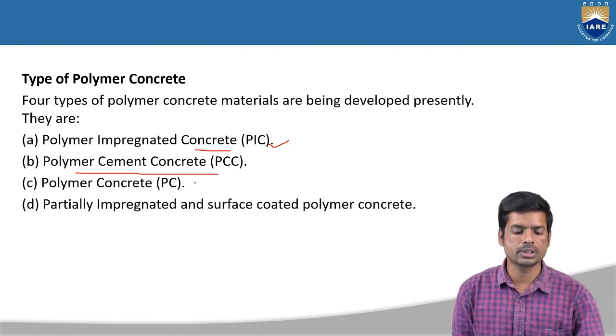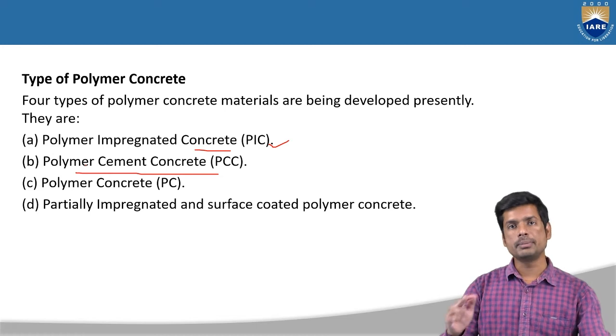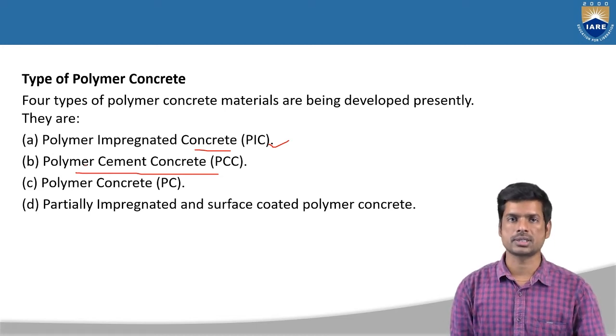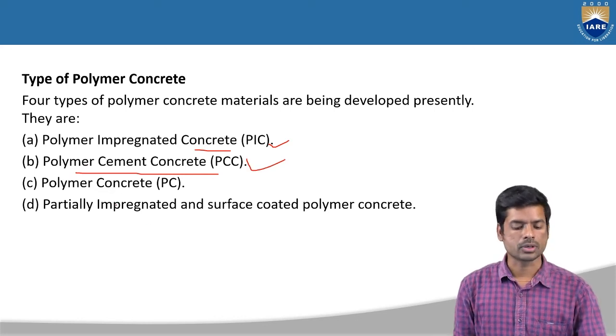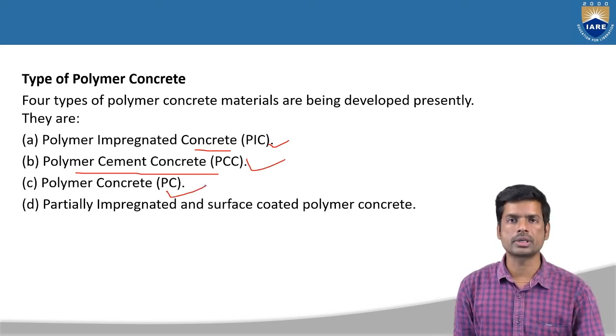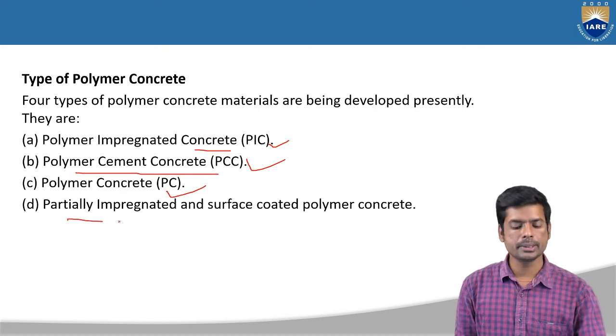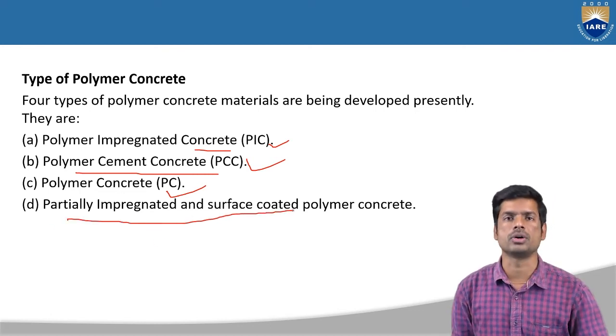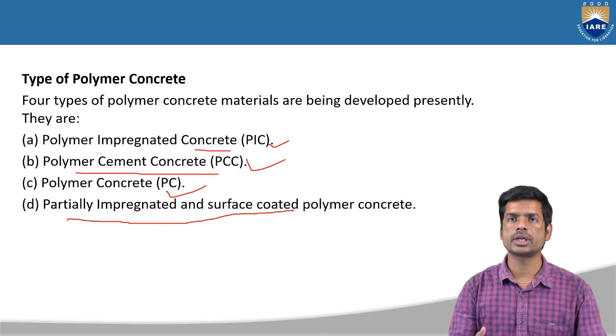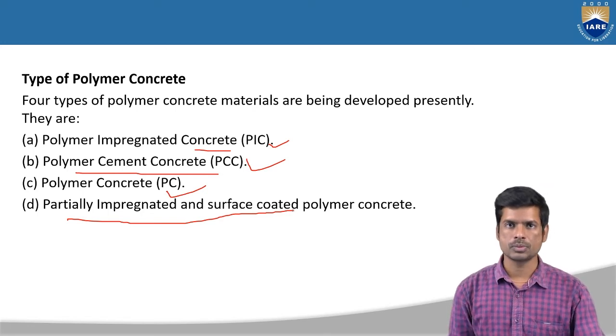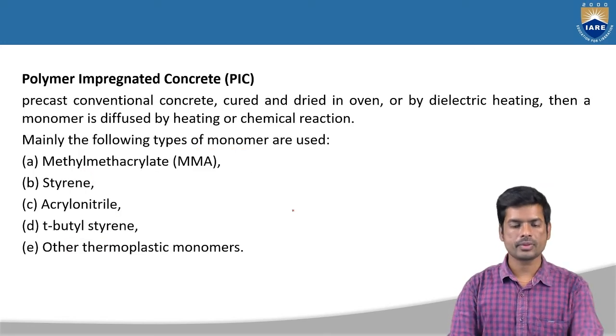In this cement concrete, we are going to use polymers, that means while mixing the cement concrete raw materials, we are going to add these polymers. Next, polymer concrete, which is the third type. And next, partially impregnated and surface coated polymer concrete. So these are the 4 types of concrete. Now I am going to discuss each and every type of concrete.